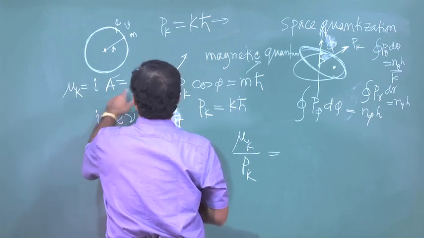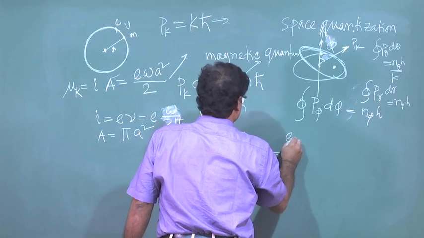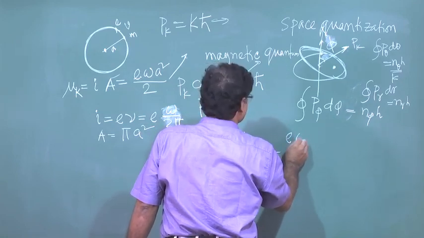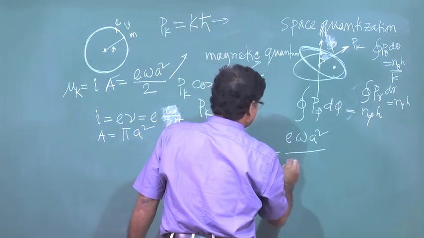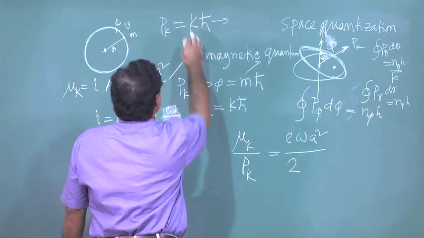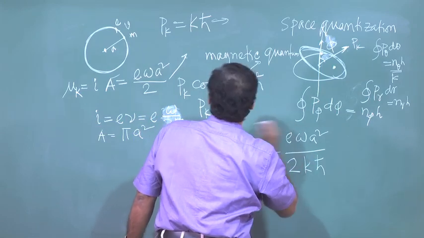I will get e omega a square by 2 in the numerator, and here I will get k h cross.